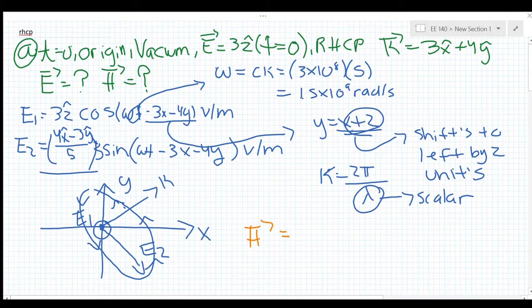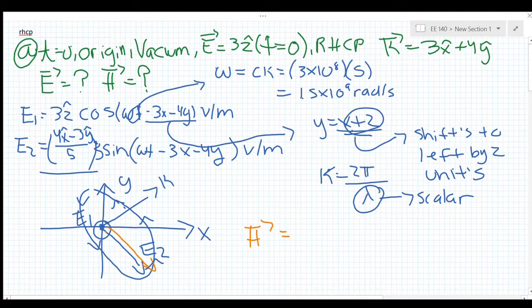Okay, now we're going to find the H field. E1 cross H1 will give our k. We have E1 coming out of the board, and k is in this quadrant. So H1 would end up in the fourth quadrant.